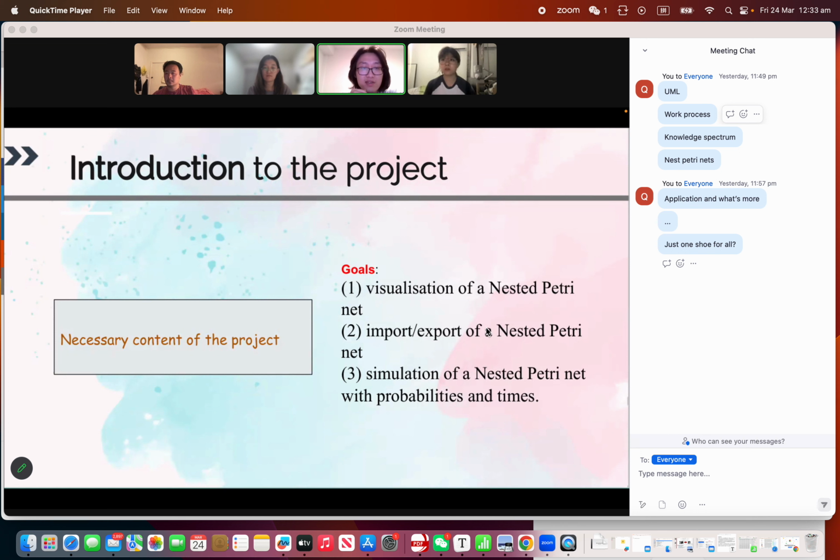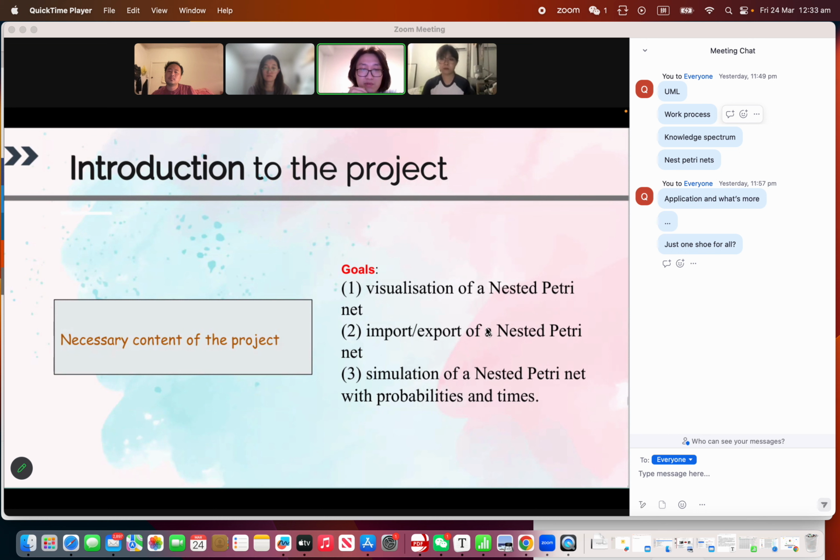The interface should allow users to easily navigate through the different levels of abstraction and view the underlying structure of the model. The second goal is import and export of nested Petri nets.